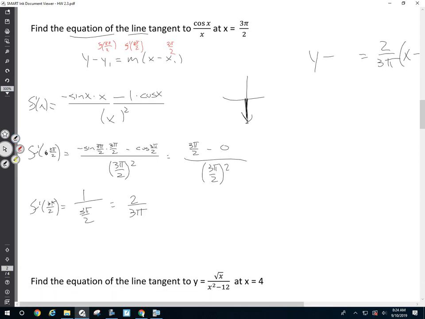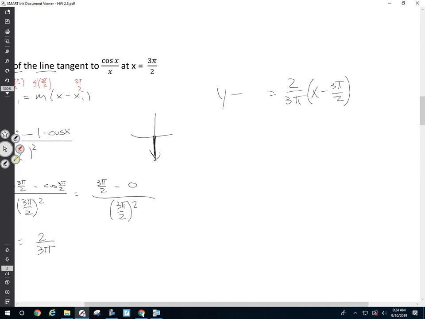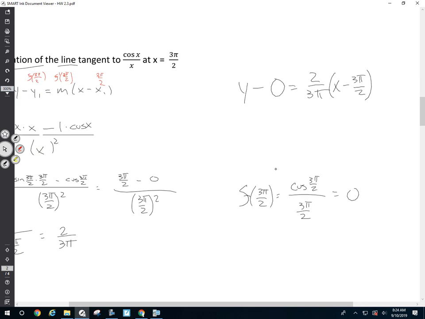The y-coordinate would be f of 3 pi over 2, which is just cosine 3 pi over 2 over 3 pi over 2. Again, the cosine of that vertical is 0, so this is 0. So my equation is y minus 0 equals 2 over 3 pi times x minus 3 pi over 2.